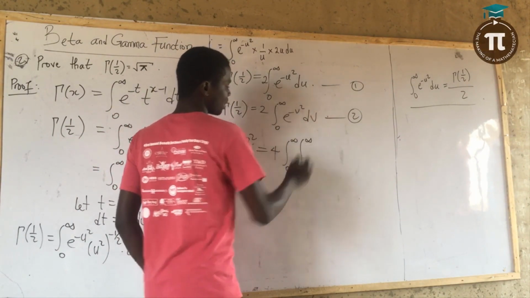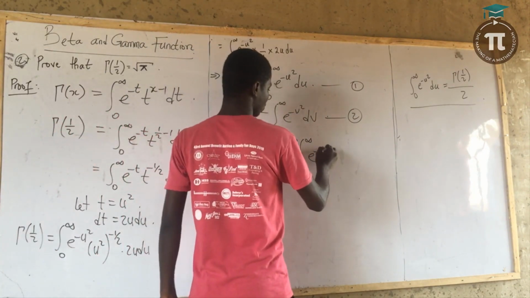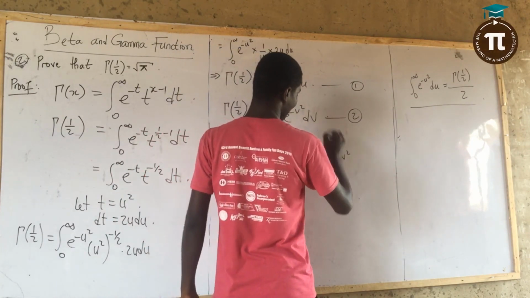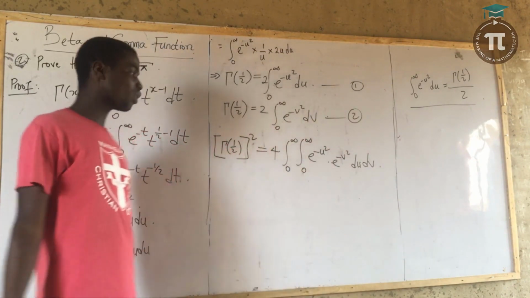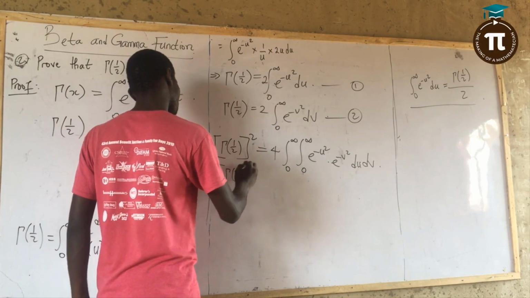I will have integral from 0 to infinity, another integral from 0 to infinity. There are 2 integrals, right? Then I have e raised to the power minus u square multiplied by e raised to the power minus v square du dv. That's what I'm going to obtain.